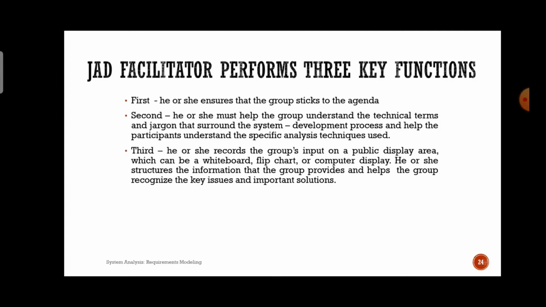The third is that he or she records the group's input on a public display area, which can be a whiteboard, a flip chart, or a computer display, and structures the information that the group provides and helps the group recognize the key issues and important solutions.